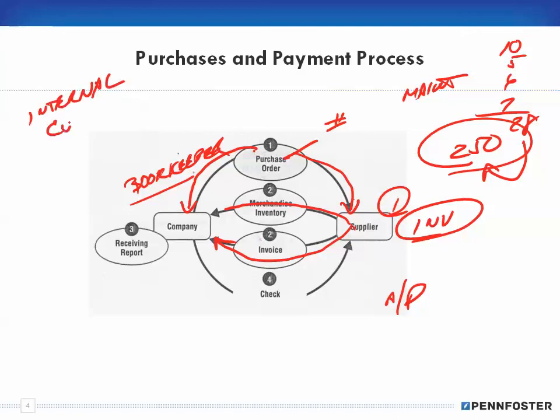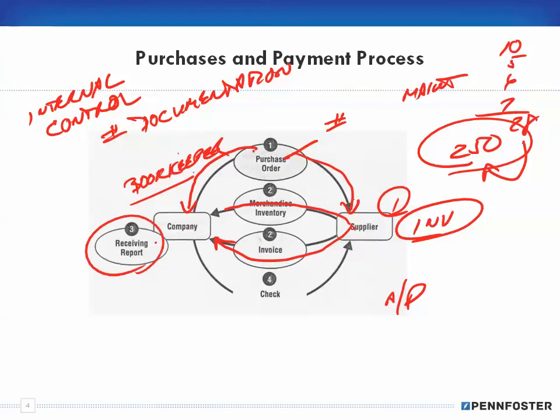You have a separation of duties, all right, and you have paperwork that's numbered, and you have the numbered documentation in order to be able to account for everything that's going on. So now the company has the merchandise, they have the purchase order, they have the invoice, and the company, it says here, shows a receiving report. I don't know that many companies that actually use a receiving report, but it all depends.